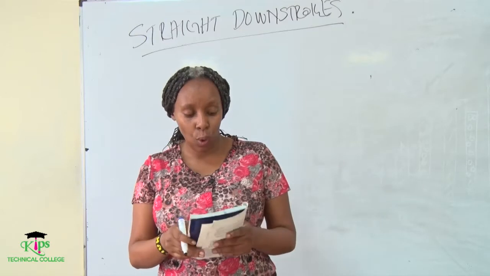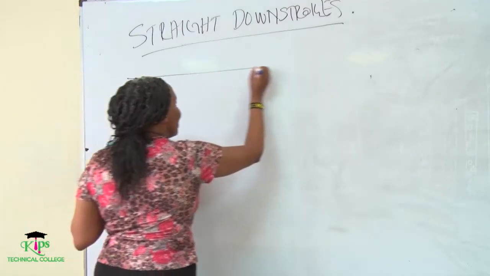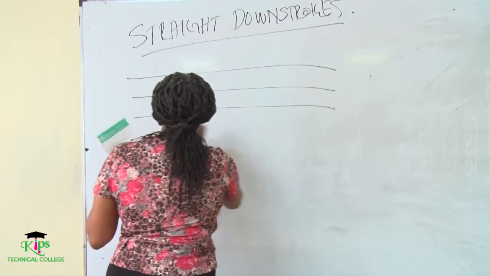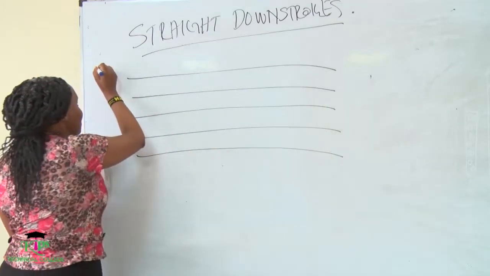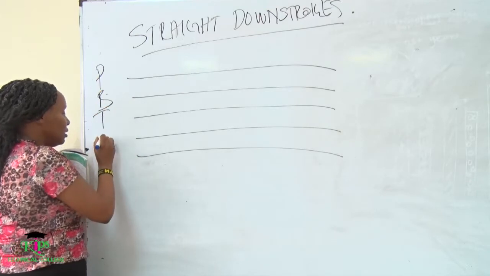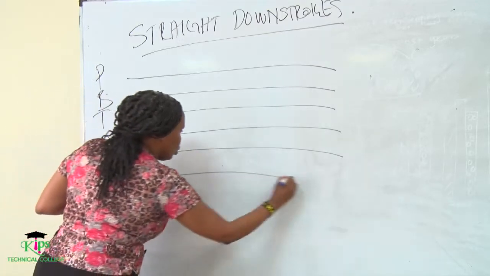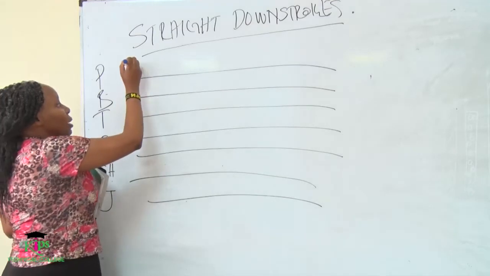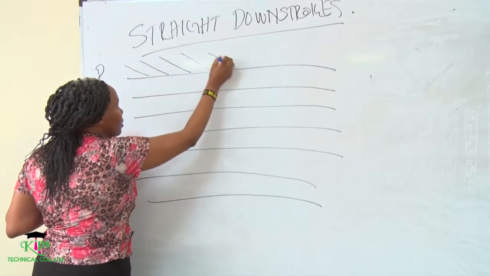So we were able to identify the first 6 consonants in shorthand: P, B, T, D, Ch, and J.